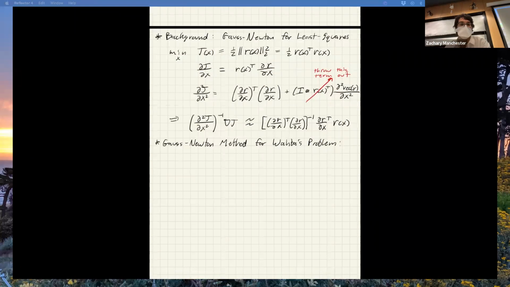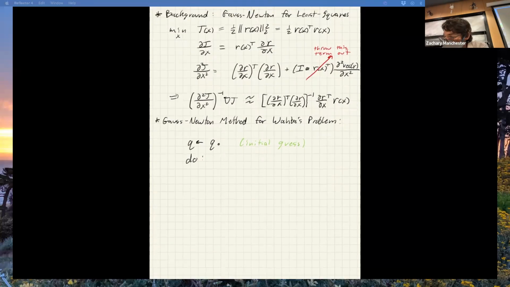Okay, so we're going to first have some guess for Q. And then we're going to first evaluate our residual Jacobian using the recipe we had before.